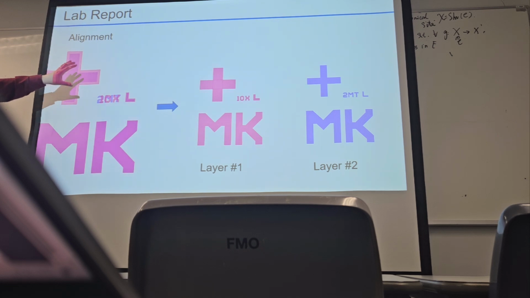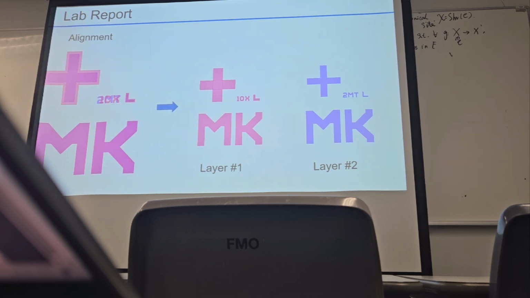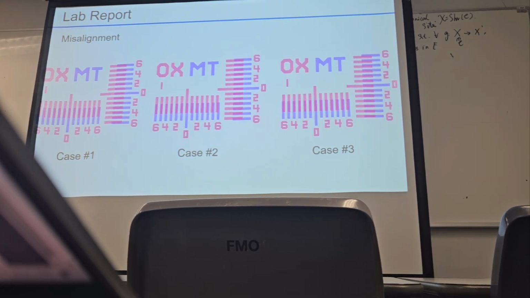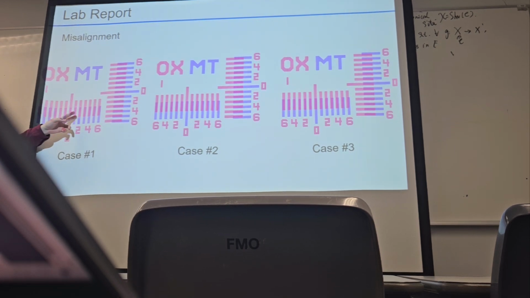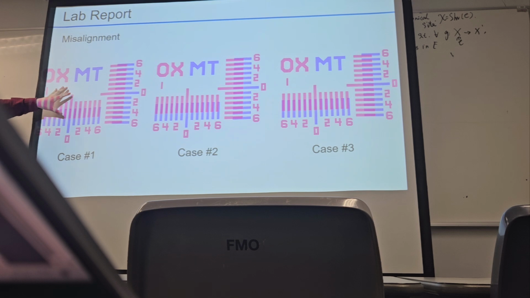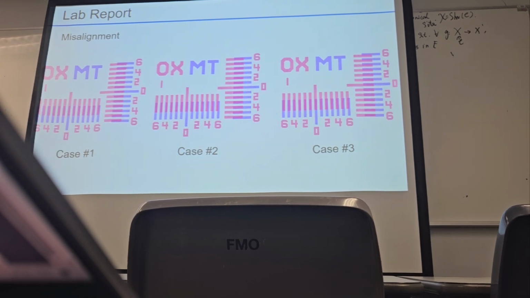So this can help you see the difference. And also, these are the rulers to tell the misalignment. So you did not use these rulers for the alignment.